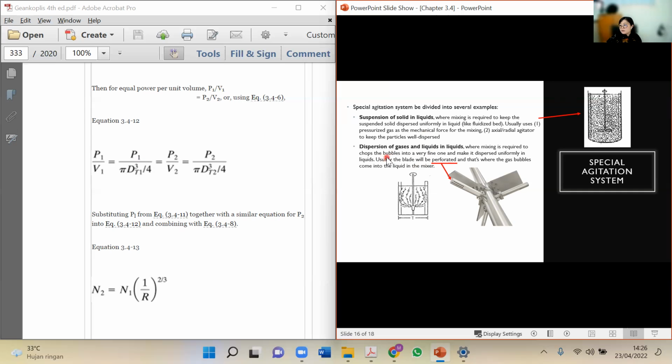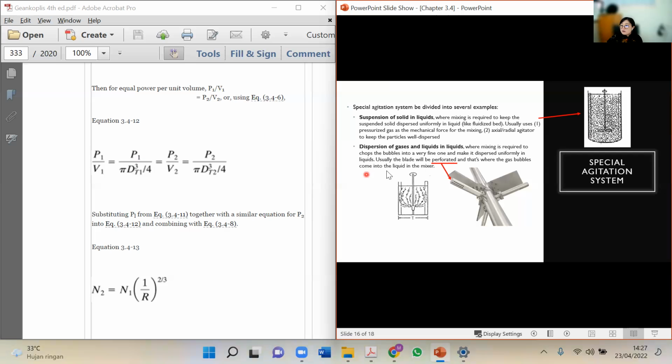And then the second one is the dispersion of gases in liquids. This is where mixing is required to chop the bubbles into very fine bubbles and make them disperse uniformly in the liquids.